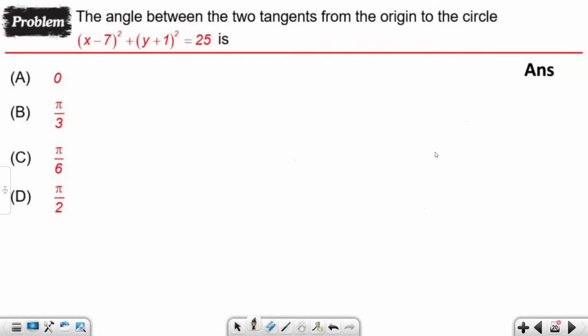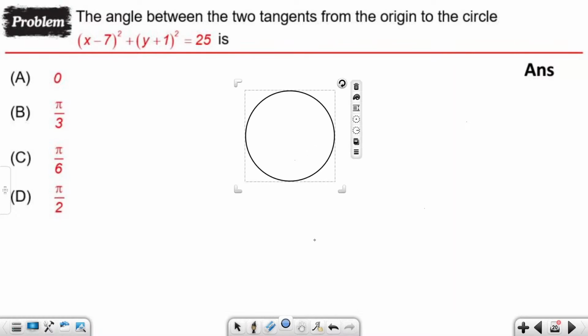See this question. It's a straightforward question. Find out the angle between two tangents from the origin to a circle. So I'm drawing a circle whose center is at 7 comma minus 1, and whose radius is 5 units.